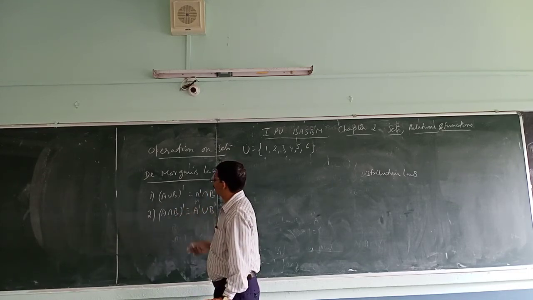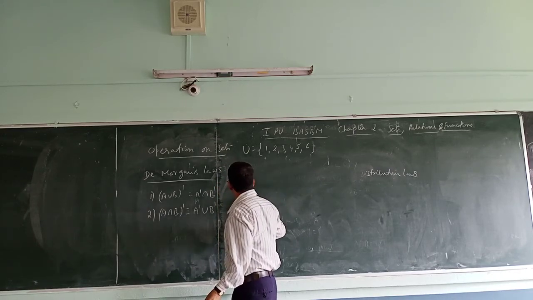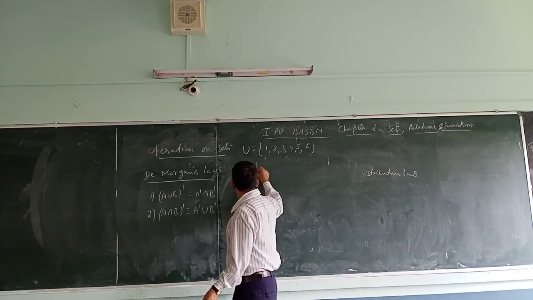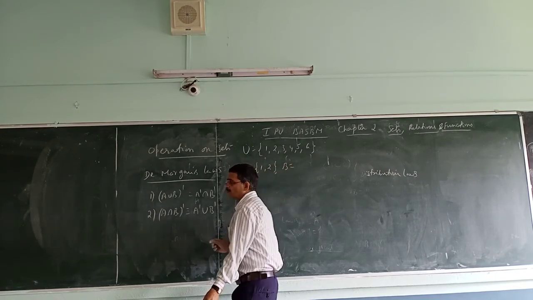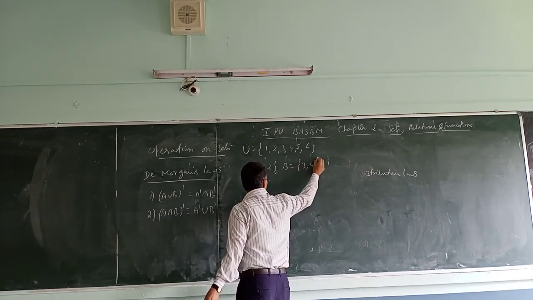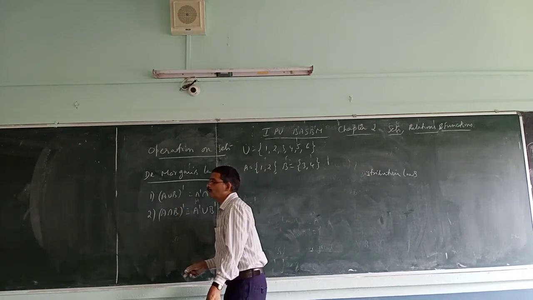We'll see one example here. Let us consider U equal to {1, 2, 3, 4, 5, 6} as earlier. Say A equal to {1, 2}, B equal to say {3, 4}. So what is (A union B) whole dash?